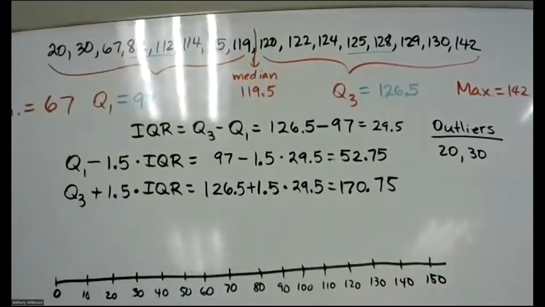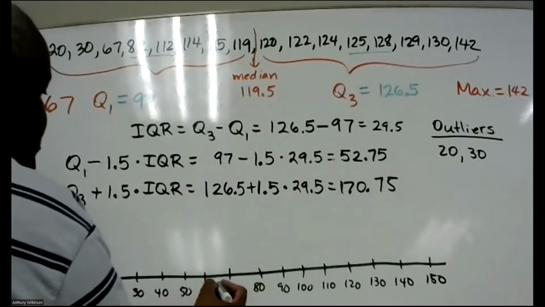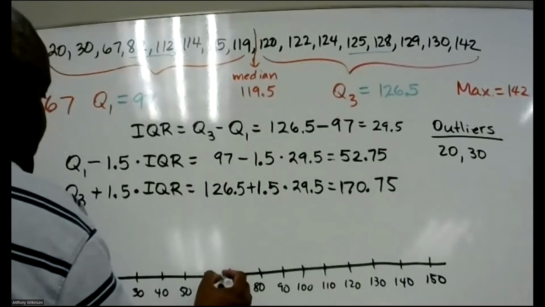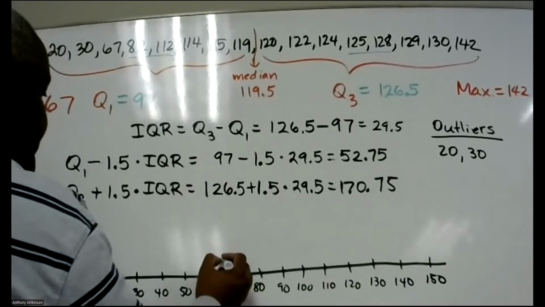And with these, you might have to kind of guess at where these are going to be. The minimum is 67, so 67 has got to be somewhere between 60 and 70. So I'll put it about right here.